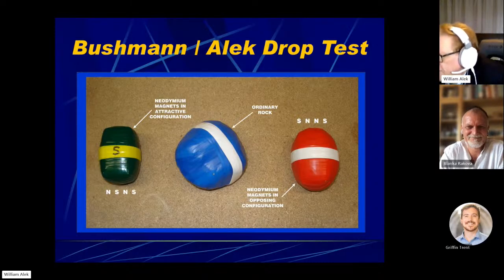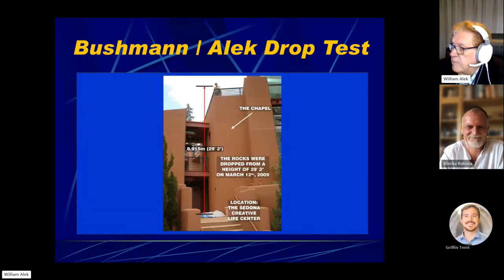Then what I did was extend Boyd Bushman's experiment using magnets in an attractive configuration, and I compared that as well. When I compared the rocks dropped, the opposing configuration fell slower, replicating Boyd Bushman's experiment, because he did this at Lockheed.